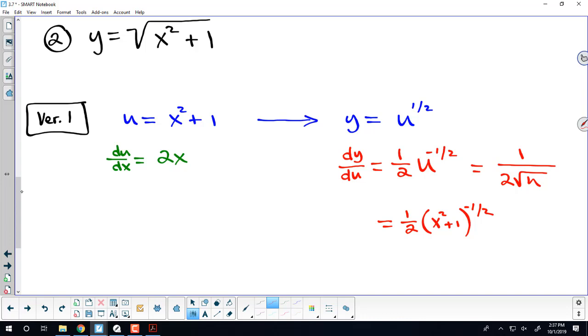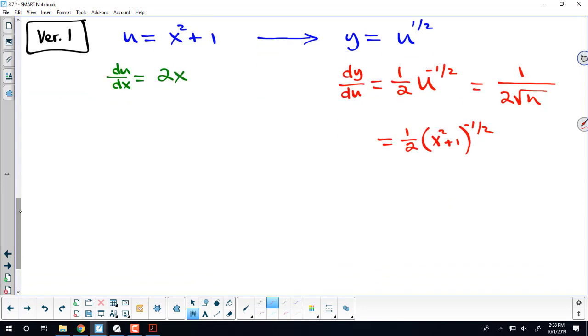So substitute, take the derivative of each one, and then resubstitute. Those are the steps. Don't substitute and then take the derivative with the x's involved. All right, and then we just have to take the product of these two things.